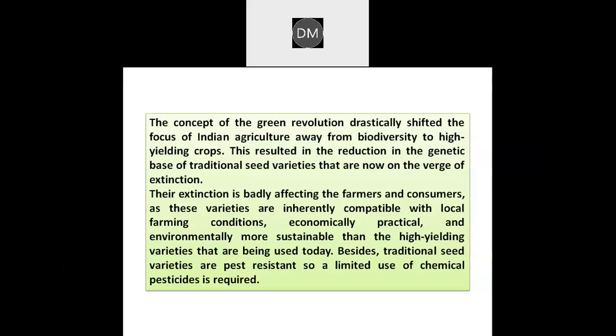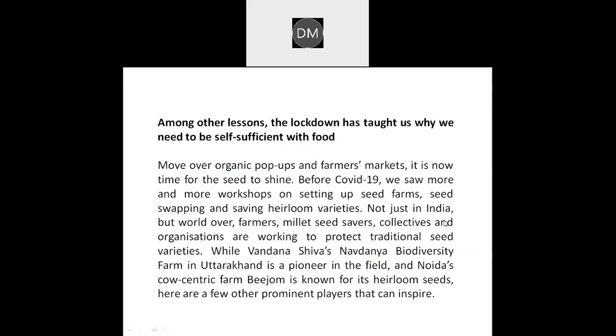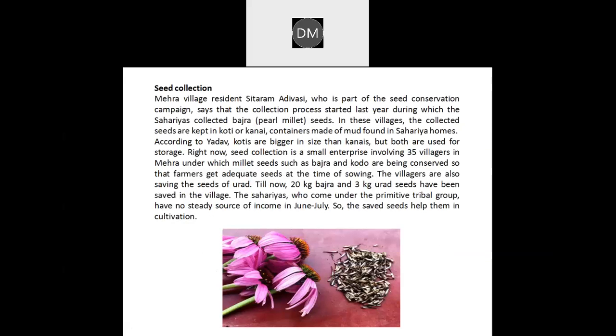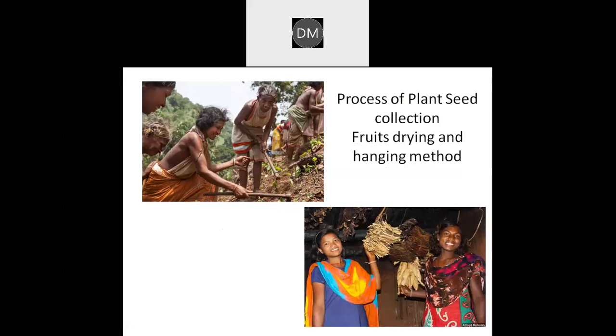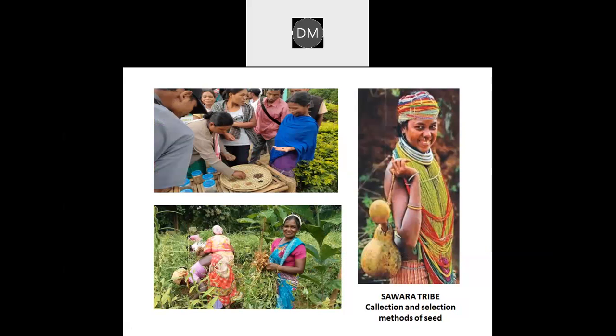These are the tribal peoples. Tribal peoples collect seeds from their native places, native forest, and use hanging methods and drying methods for fruit. These are the Swara tribes. They collect seeds and fruit, and then select seeds using these native methods.